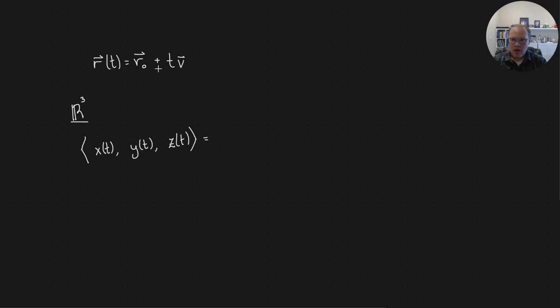And on this side, I could think of r naught. This is just a point on the line. So it's just the x, y, and z components of that point, plus t is a scalar, and then v is the direction vector, which I will label a, b, c. Okay, so if we do the vector addition on the right-hand side and the scalar multiplication, my first component would be x naught plus t times a.